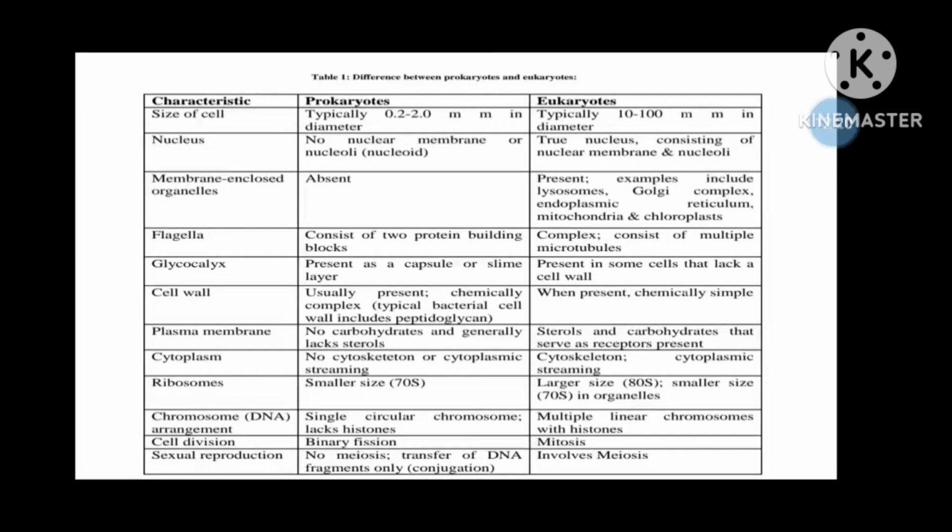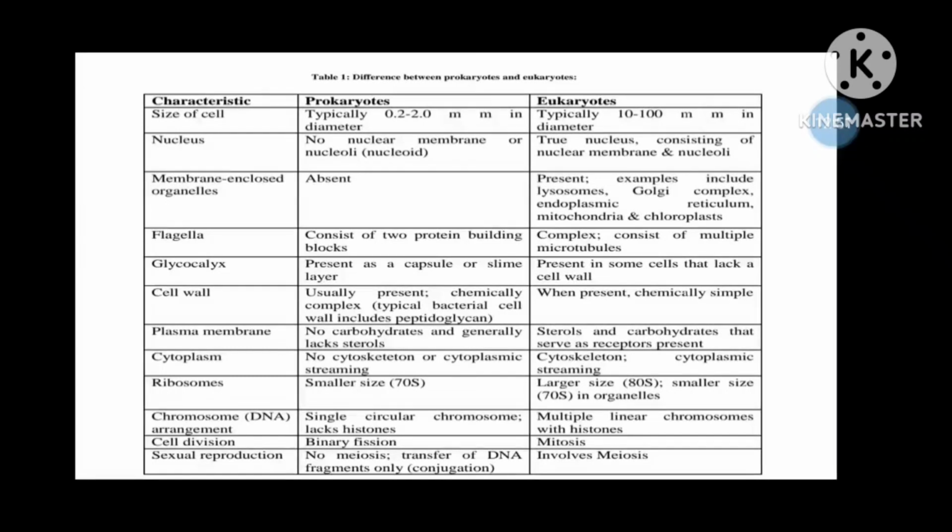So eukaryotic DNA has histone protein, but your prokaryotic does not. Now come to the cell division. Prokaryotic cells usually undergo cell division through binary fission, but in eukaryotic cells, mitosis and meiosis take place.